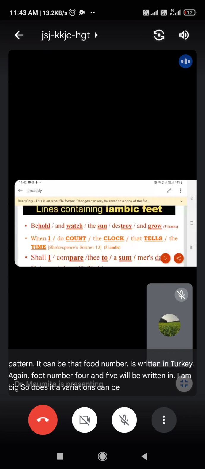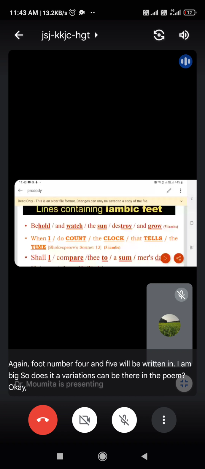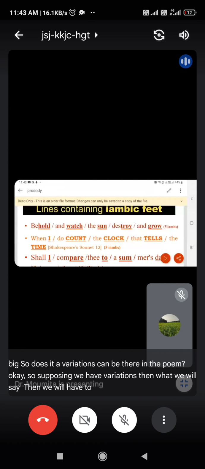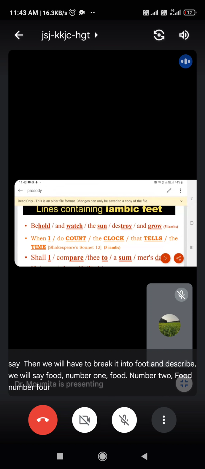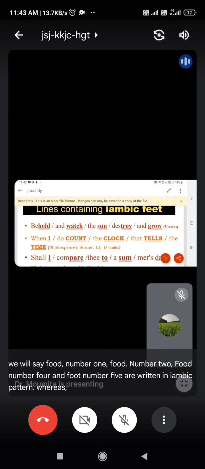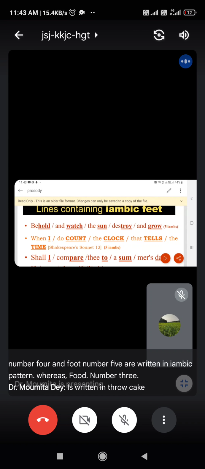Small variations can be there in the poem. So supposing we have variations, then what will we say? Then we will have to break it into feet and describe. We will say foot number 1, 2, 4 and 5 are written in iambic pattern, whereas foot number 3 is written in trochaic pattern.